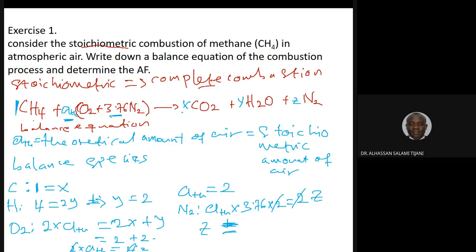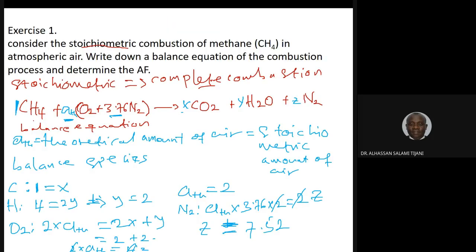Yes, 2 times 3.76 gives 7.52. So this gives us 7.52 kilomole. Now we're going to write down the complete stoichiometric equation.